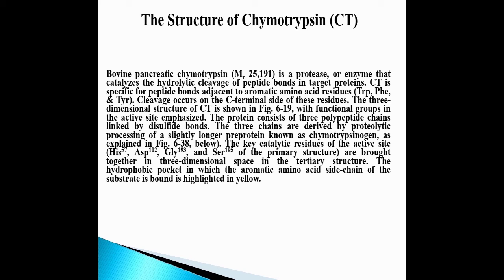The key catalytic residues of the active site are brought together in three-dimensional space in the tertiary structure. The hydrophobic pocket in which the aromatic amino acid side chain of the substrate is bound is highlighted in yellow.